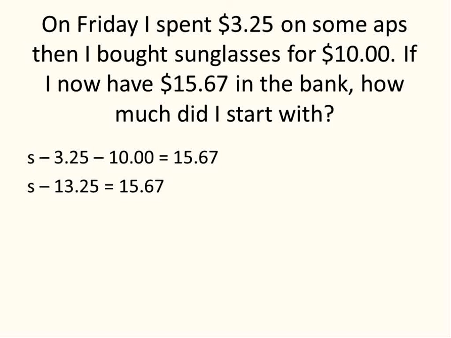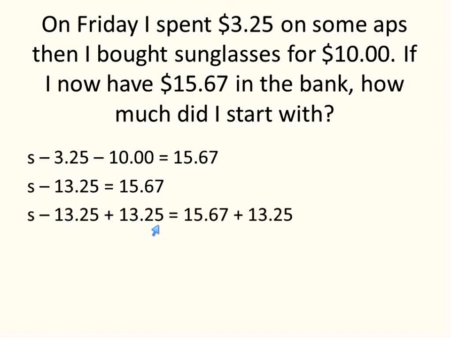This one is a great question because we have to use the property of equality. We have to get S by itself. To do that, we need to do the opposite of whatever this is on both sides of the equation. Well, we had S, then we subtracted 13.25, so we have to do the inverse, or the opposite. We have to add 13.25. And when we do that, this cancels out.